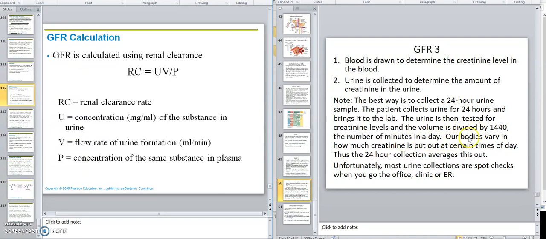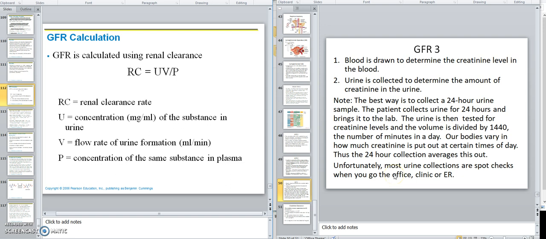They would have calculated in milliliters, divided the milliliters by 1440, and then you'd have milliliters per minute. Our bodies vary in how much creatinine is put out at certain times of day. Thus, the 24-hour collection averages this out. Unfortunately, most of the time at a physician's office, you just go in the restroom and give a sample, and they just estimate how much it would be over the day based upon how much you get, which could be very inaccurate.